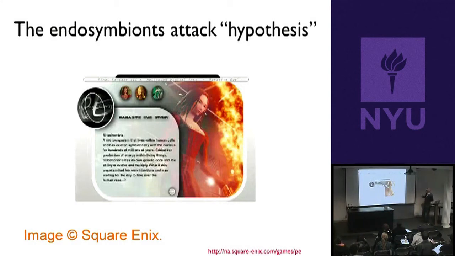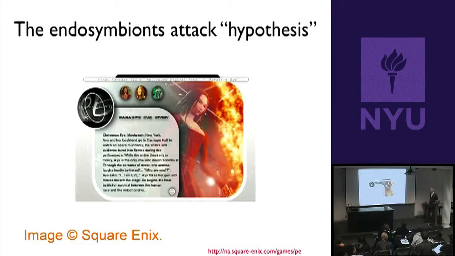Mitochondria, a microorganism that lives within human cells and has existed symbiotically with the nucleus for hundreds of millions of years. Critical for production of energy within living things, mitochondria has its own genetic code and the ability to evolve and multiply. What if this organism had her own intentions and was waiting for the day to take over the human race? Okay, and so the story starts on Christmas Eve in Manhattan.